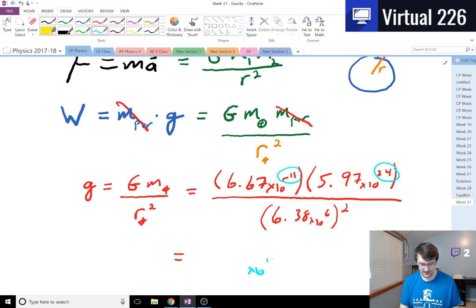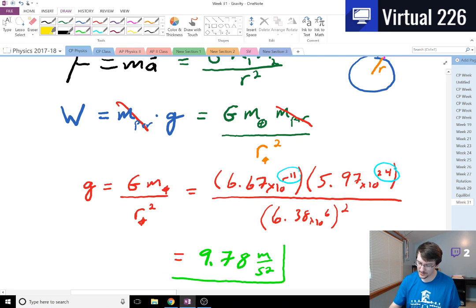If we take a look at this, 6.67 times 10 to the negative 11th times the quantity of 5.97 times 10 to the 24th, divided by 6.38 times 10 to the 6th squared, we get a value of 9.78 meters per second squared. 9.8.